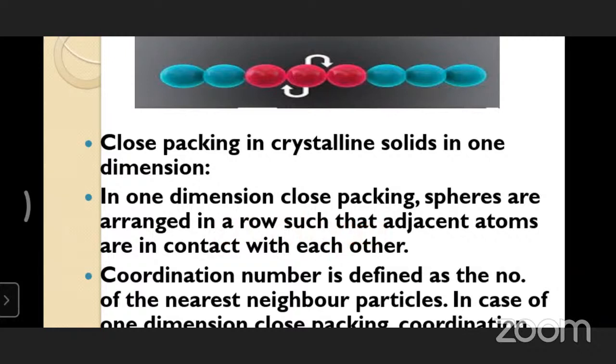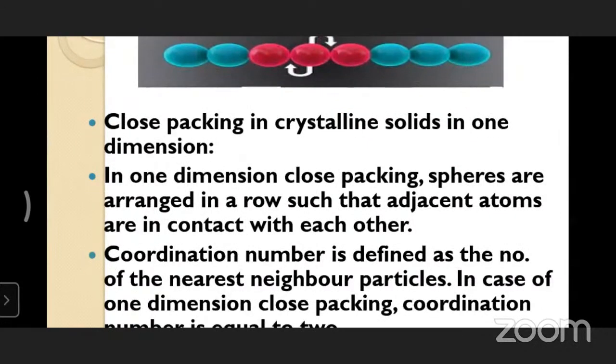Once you observe clearly, children, each atom is in contact with the adjacent atom, this atom is in contact with this atom, and this atom with this atom. So every atom is in contact with its adjacent atom. Yes or no? Right.